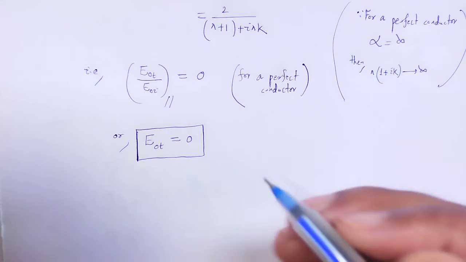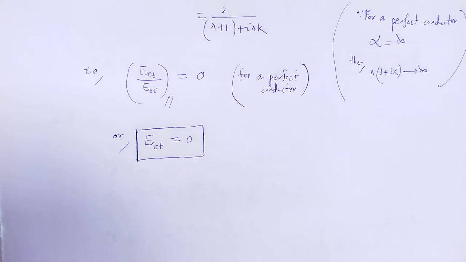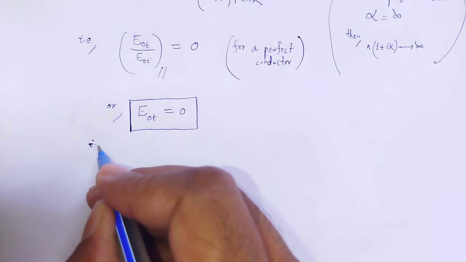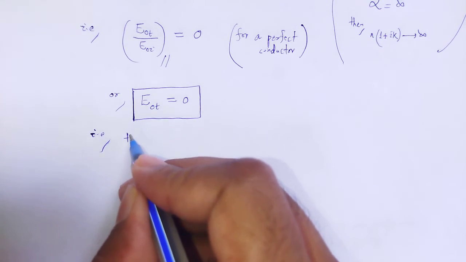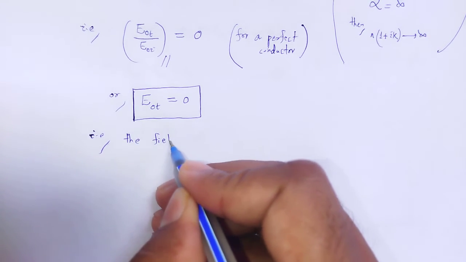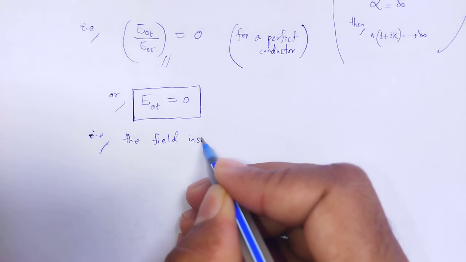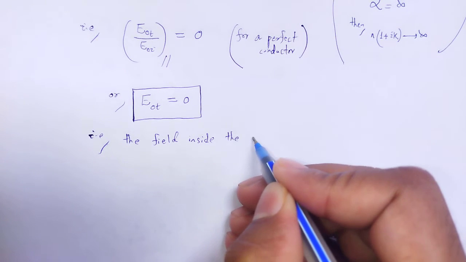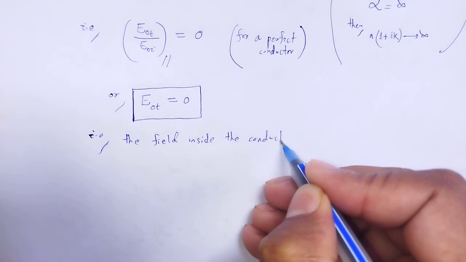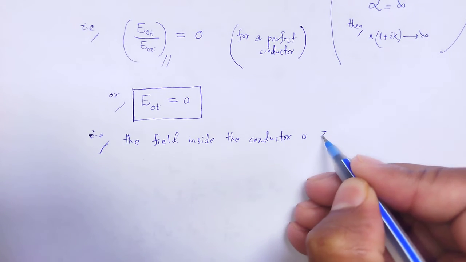What is EOT? This is the amplitude of the electric field vector of the transmitted wave. That is, the field inside the conductor is 0.